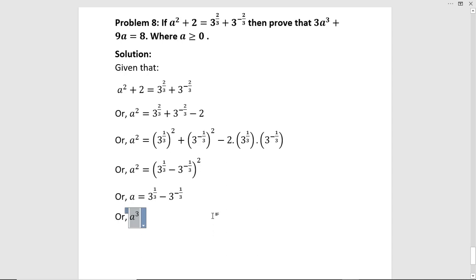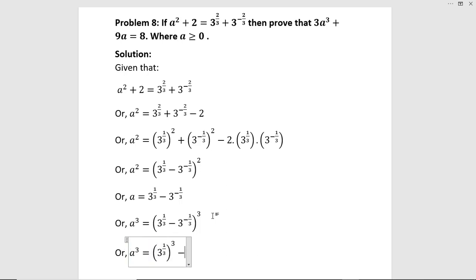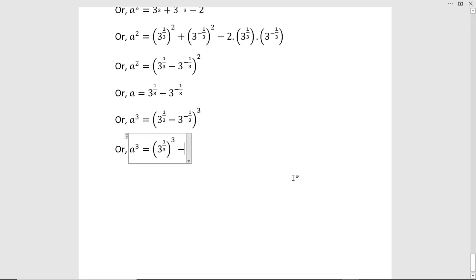So then we can take cube at both sides. A cube equal to 3 to the power 1 by 3 minus 3 to the power minus 1 by 3 whole cube. The formula of a minus b whole cube is a cube minus b cube minus 3ab into a minus b.